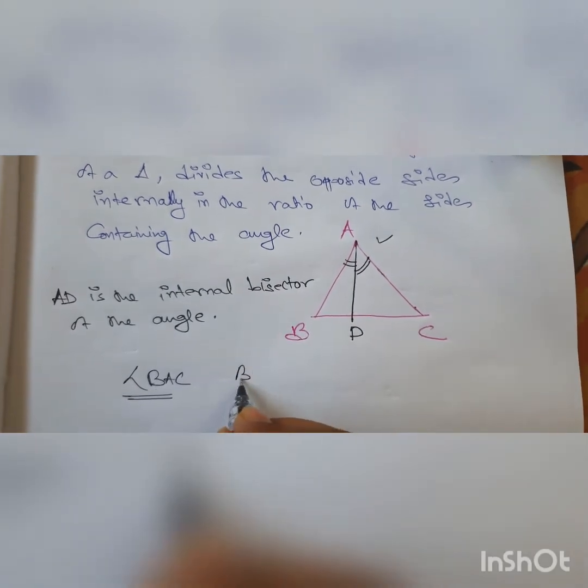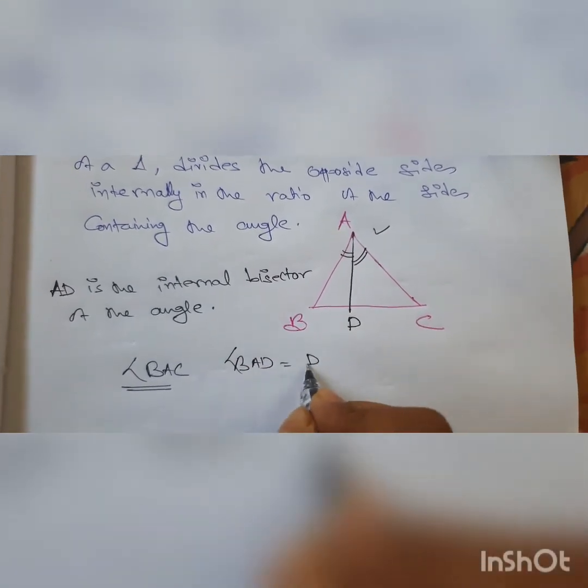So that means angle BAD must be equal to angle DAC.